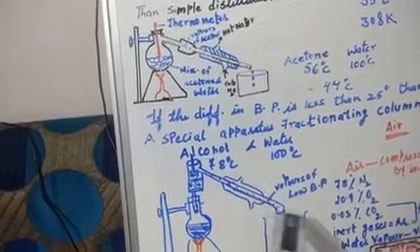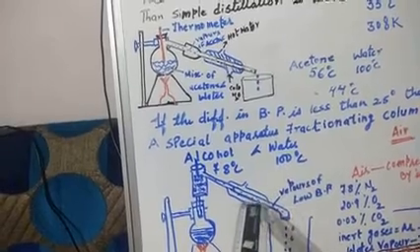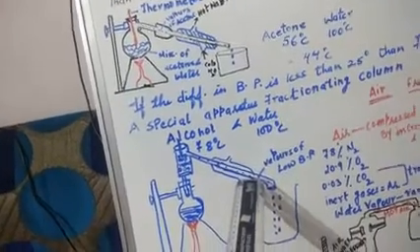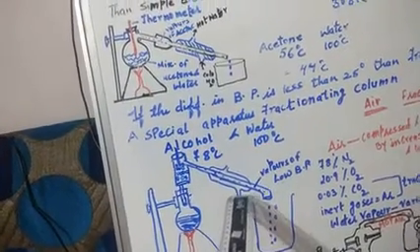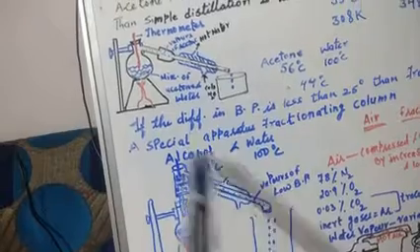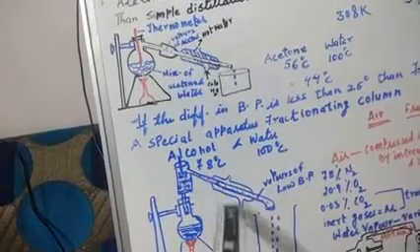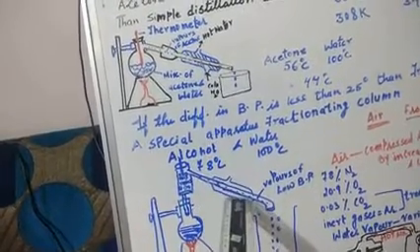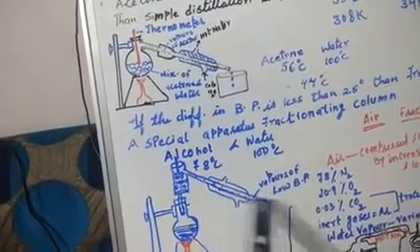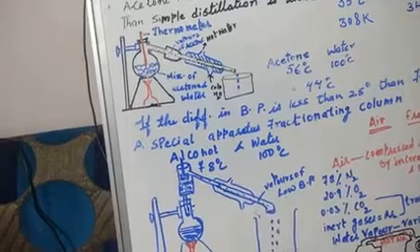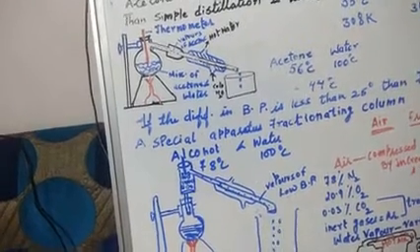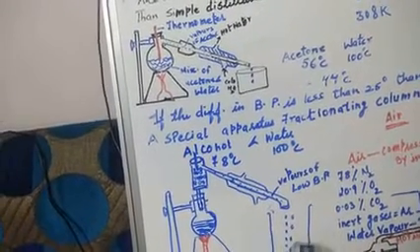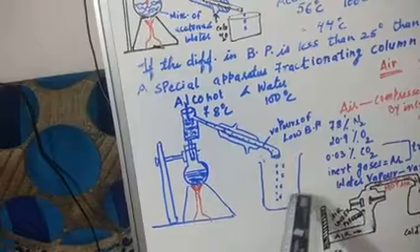Those vapors are passed through the delivery tube and cooled down using this condenser, students, the same thing as we did in simple distillation. Here also the vapors are cooled down, and after cooling form liquid, and in this way alcohol can be obtained in this beaker.